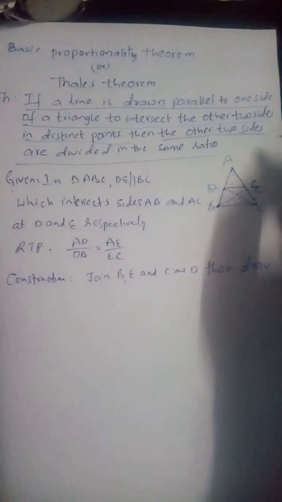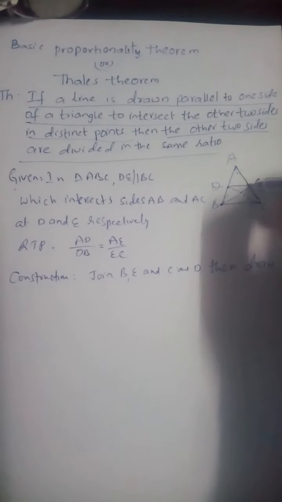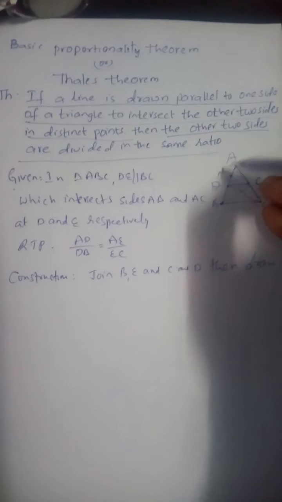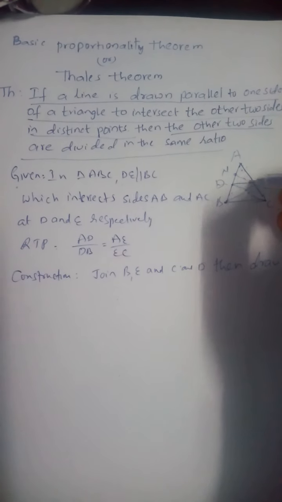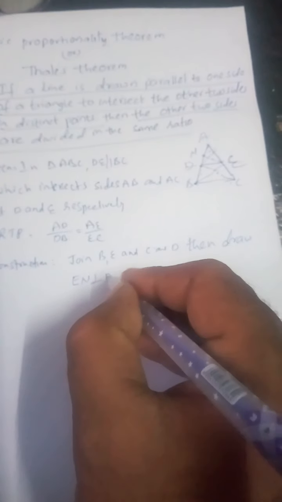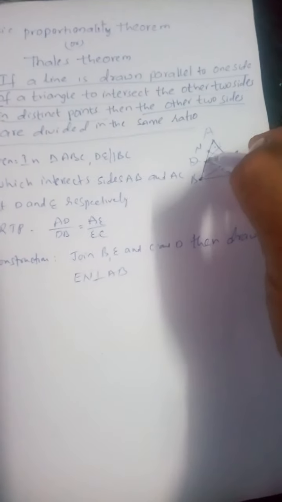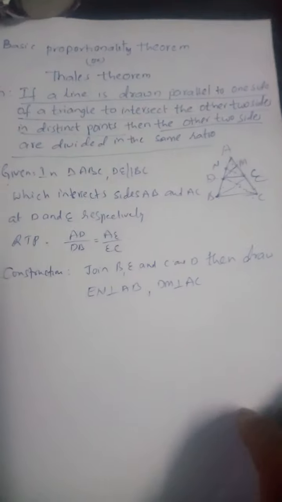On the AB line take a point N, EN perpendicular to AB. Next, from D take a perpendicular M, DM perpendicular to AC.